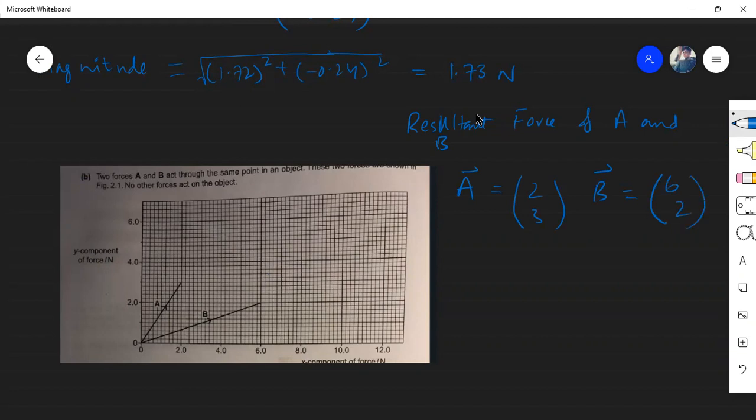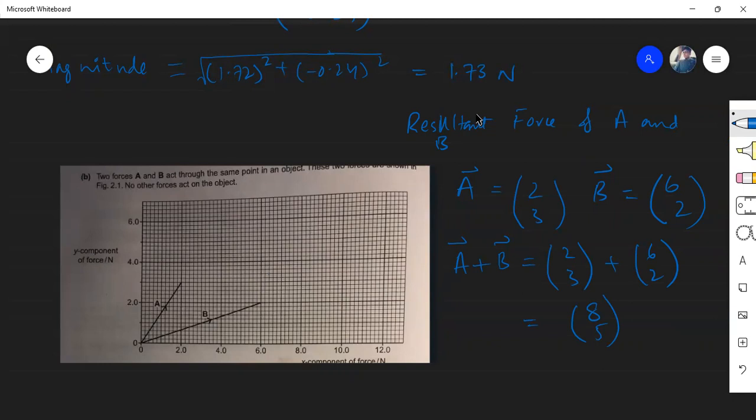Very good. Now, what's the resultant force? The resultant force is A plus B, which is 2, 3 plus 6, 2. 8 and 5.